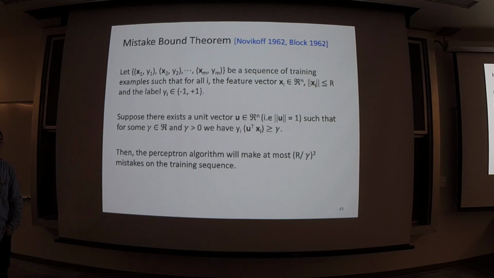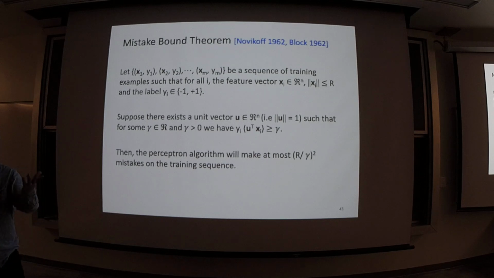Any other question in understanding this theorem? Is this the number of mistakes at each step, or at the final step? It just means if you do not intentionally stop your perceptron, you just let it run, how many mistakes will it make at most? It does not mean that in the first update you will have at most that many mistakes.